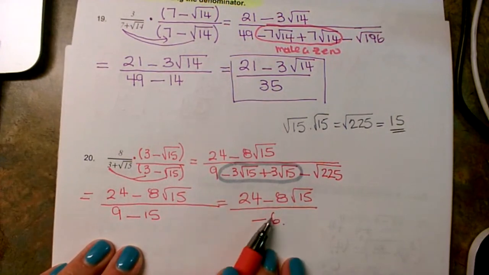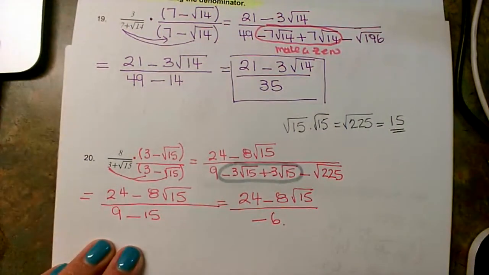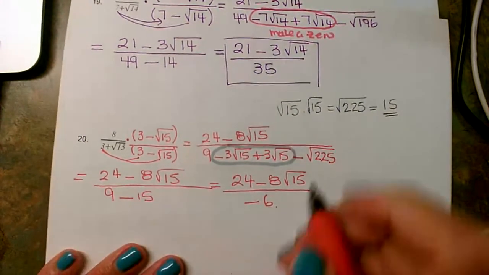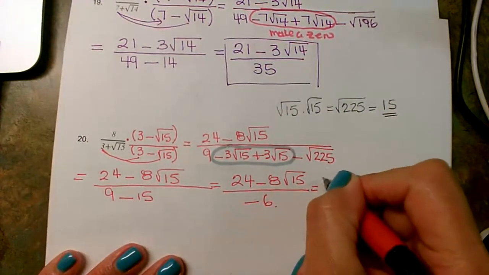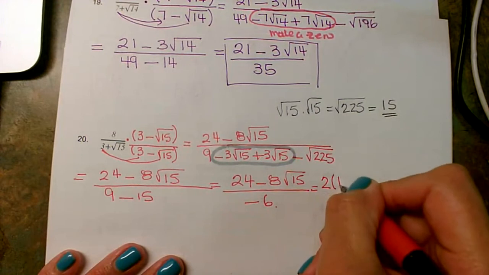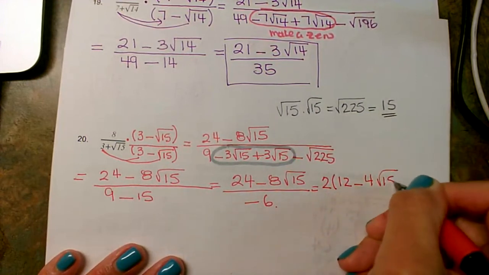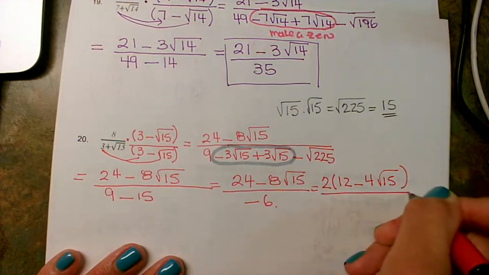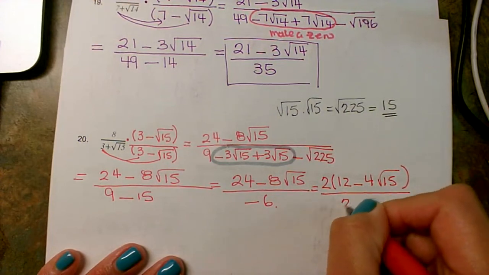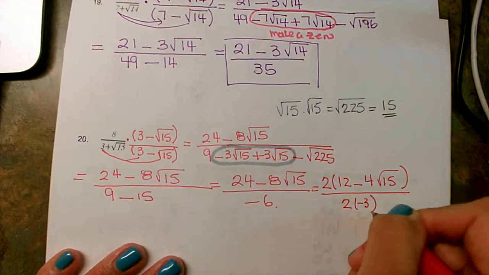I see all even numbers, so I need to factor out the 2. So 2 times 12 minus 4 square root of 15, and this one will be 2 times negative 3, right?